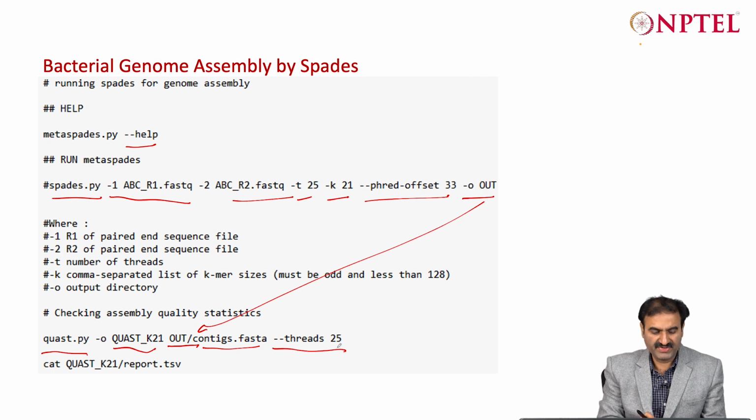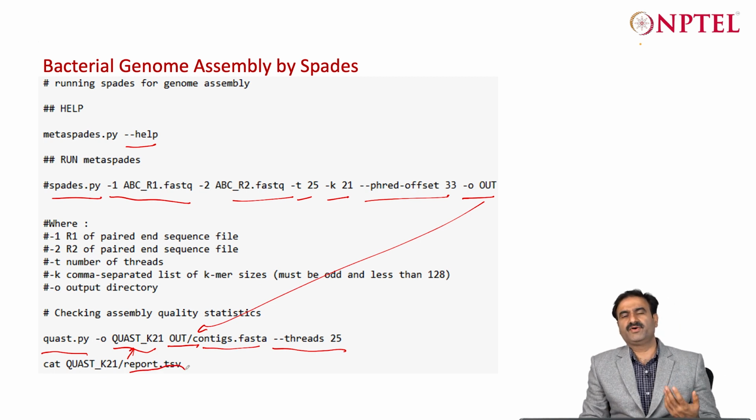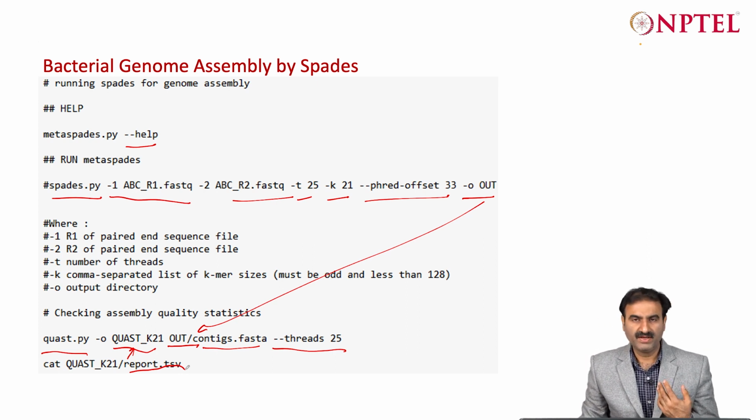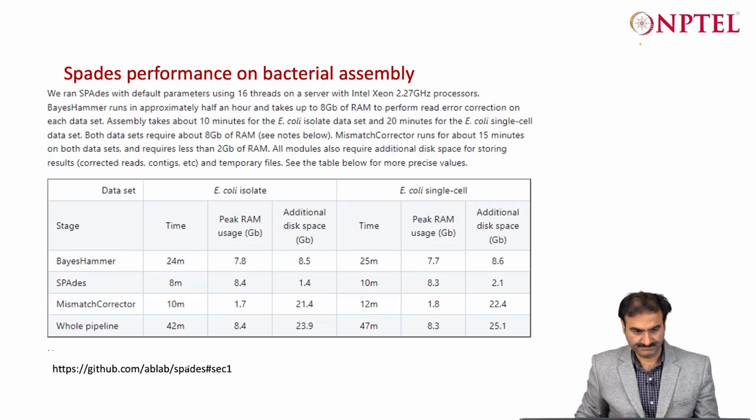So basically it will be generating a report in this folder, that for the k-mer size 21, it will create a folder called quast_k21, and then you can say cat report.tsv, which will show you the statistics, like the N50, number of contigs, GC percentage, etc. of the bacterial genome that you have assembled.